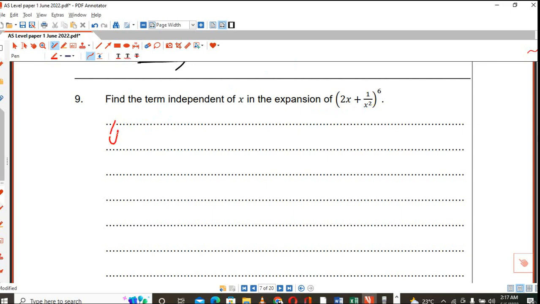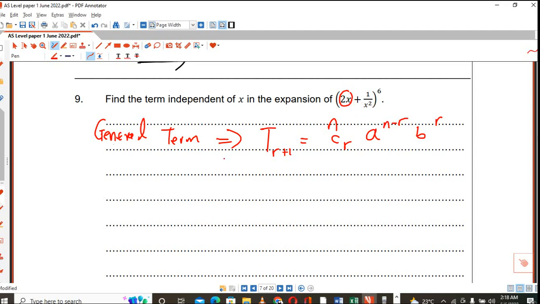So I like to start off when I deal with this binomial theorem stuff by writing the general term. The general term, the T(r+1) term, equals nCr, or you can just write it in vector form, a to the power n minus r and b to the r, where my a is represented by the 2x and my b will be represented by 1 over x squared.